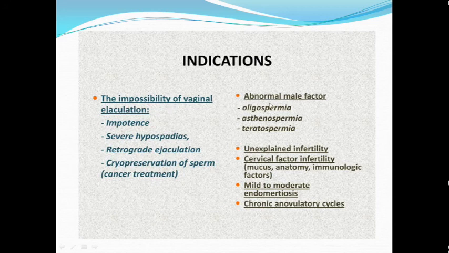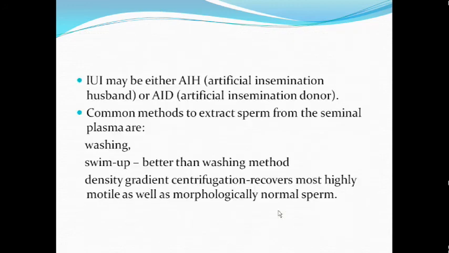If there is an abnormal male factor, oligospermia, asthenospermia and teratozoospermia, by processing the semen you can go through it. Unexplained infertility, cervical factor, if there is an immunological factor in the cervix, you have to bypass the cervix, then you can go for this. Mild to moderate endometriosis and chronic anovulatory cycle, you first go for IUI.